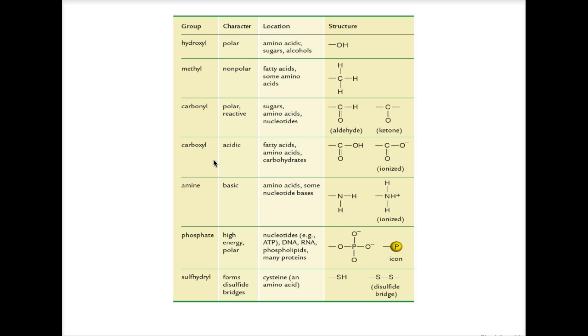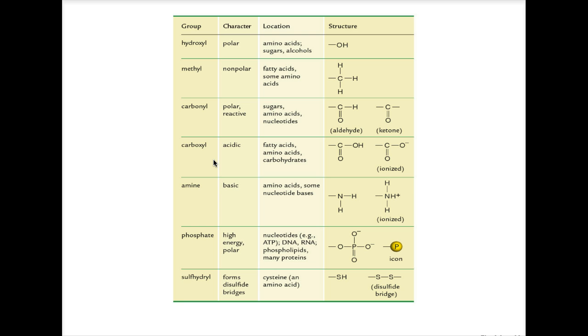And we see over to the left group, those are the names given for the functional groups that are prevalent in the macromolecules. So the functional group hydroxyl is always an oxygen covalently bonded to a hydrogen.